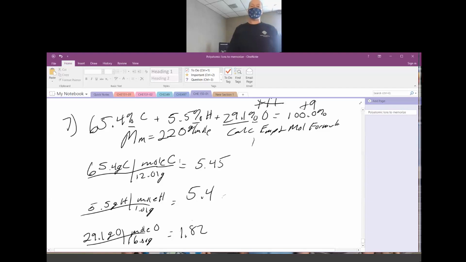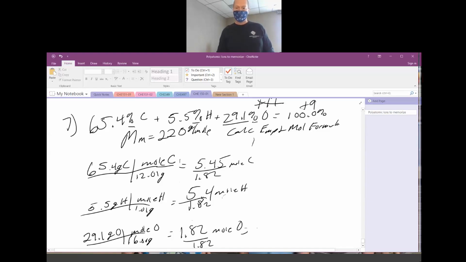All right, so whenever you have this problem, a 100-gram sample, everything is grams. Convert it to moles by dividing by the atomic mass. And so now you have your moles of carbon, moles of hydrogen, moles of oxygen. And now the next step is to divide by the smallest number of moles, which is 1.82, the smallest number of these three. 1.82, 1.82, 1.82.